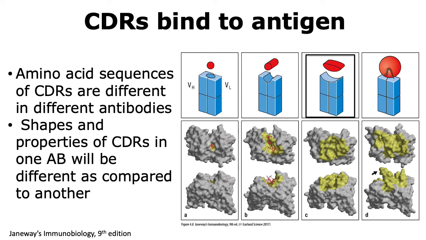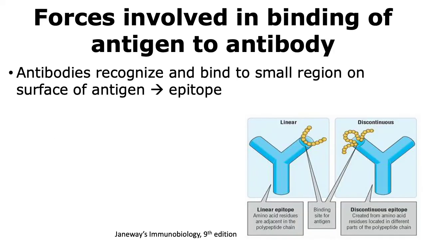And in this case, we can now once again see that the shape and the property of the complementarity determining region is different from the previous ones that we saw, and hence it is able to bind to an antigen that looks different than the others. And here we have another example of the same concept. Thus, the shape and properties of CDRs are the ones that will determine the kind of antigen that that antibody will bind to.